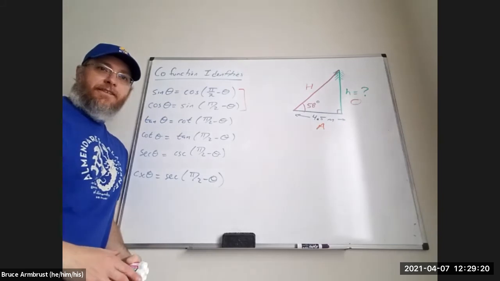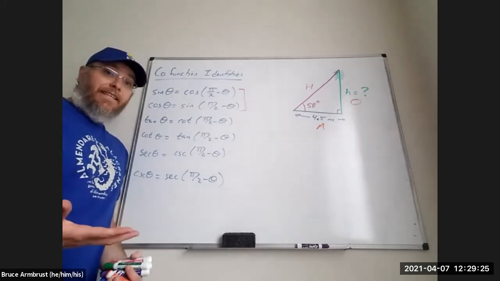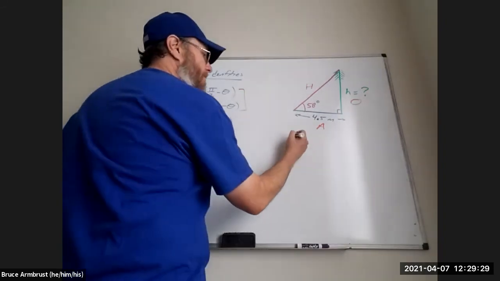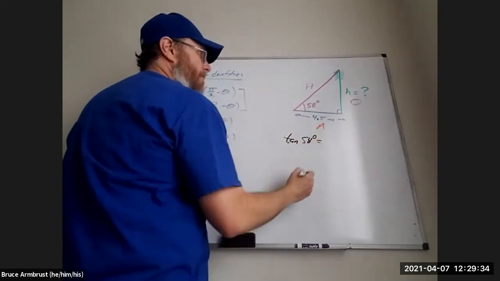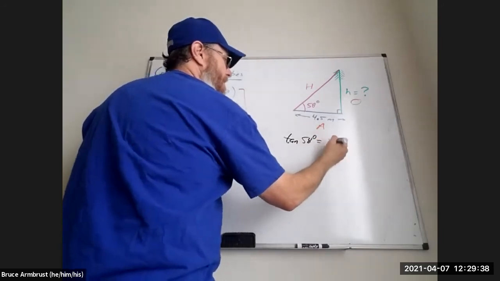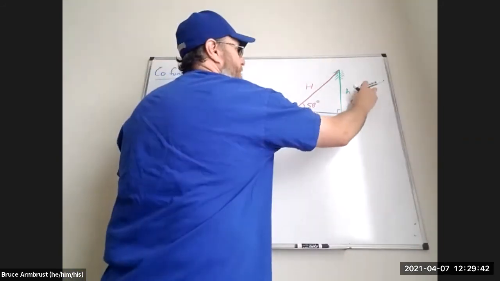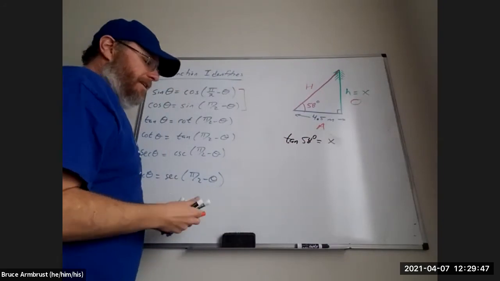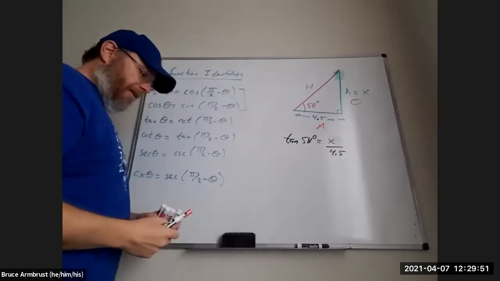All right, cool. Thanks, Dylan. Typed in the chat box tan. So we're going to use tangent. So here's what I know. I know the tangent of 58 degrees is going to equal the opposite side, let me call it x, divided by the adjacent side, which is 4.5.